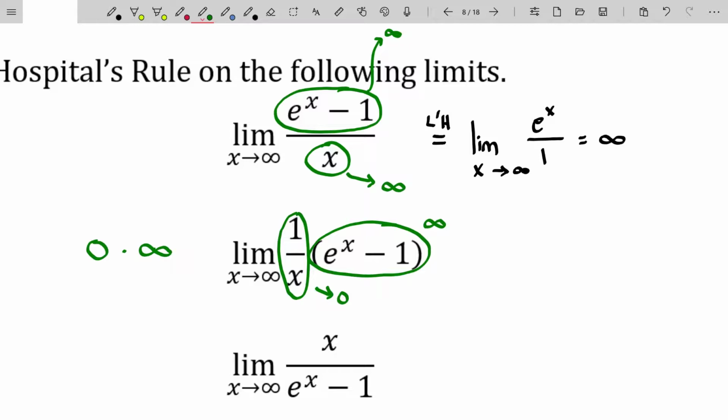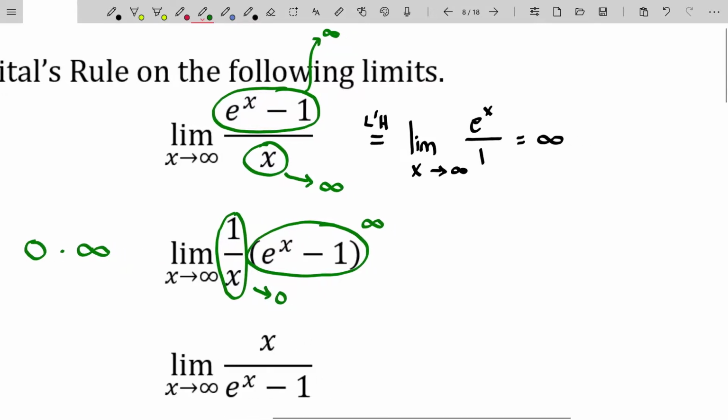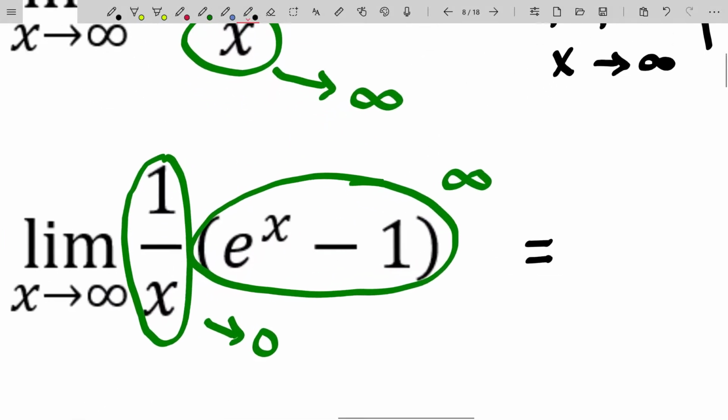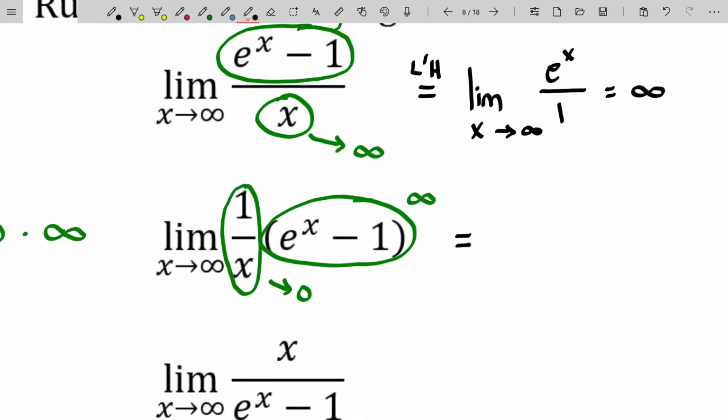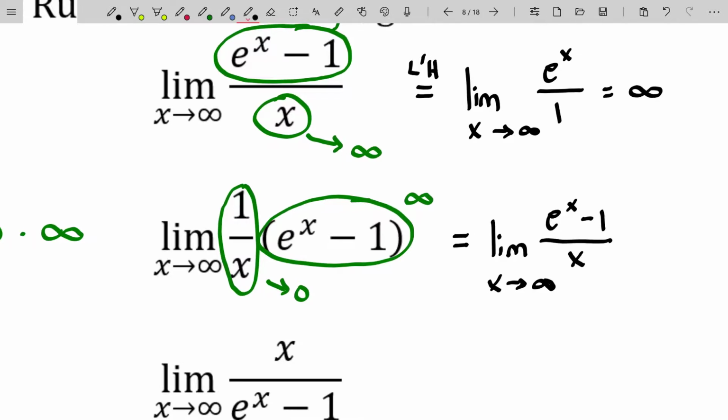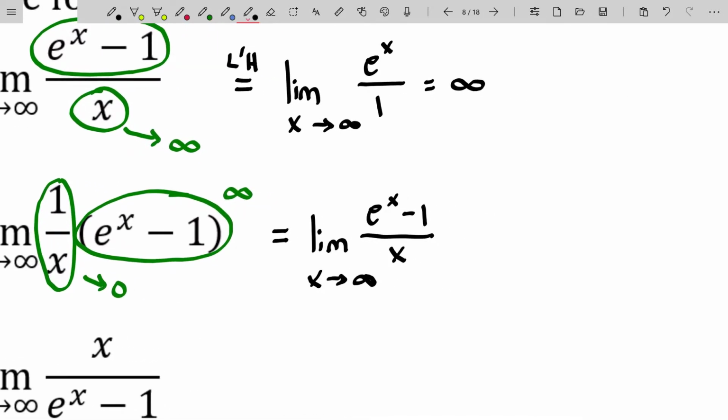But magically, we can easily use L'Hopital's rule once you rewrite it. So you cannot use L'Hopital's rule as it's written here, but once you rewrite it as the limit as x goes to infinity of e to the x minus 1 over x, now this is indeterminate of the form infinity over infinity.